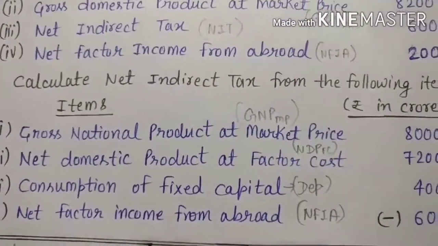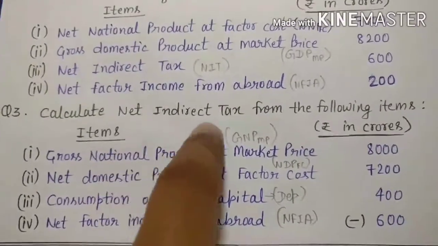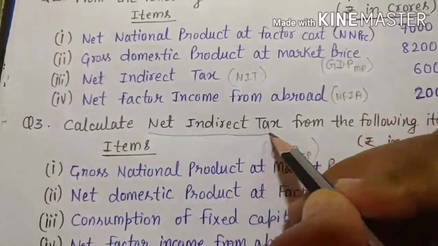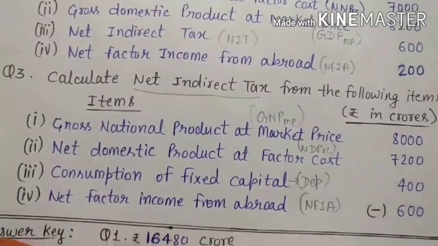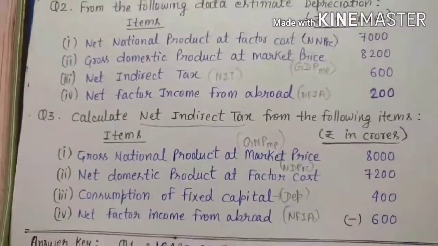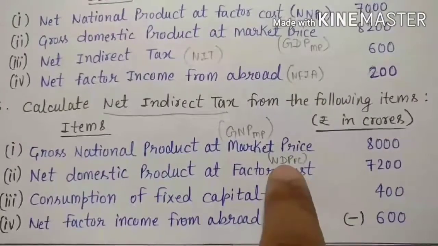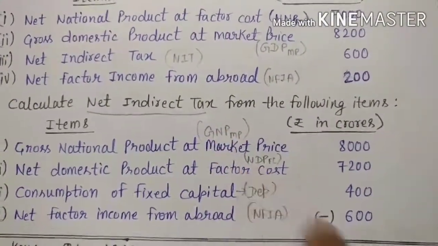Okay, and what we have to find out? Net indirect tax. We have to find out NIT. Just see, calculate NIT. So for NIT we have not learned any formula like this, because we are forming the formula. So again, what is given to us? The main two terms, GNP at MP and NDP at FC. So we convert this GNP at MP to NDP at FC.